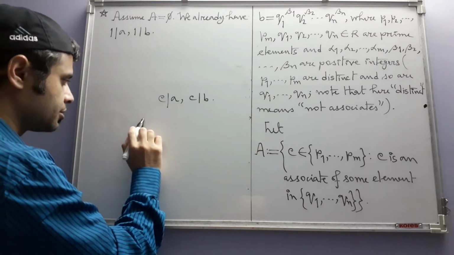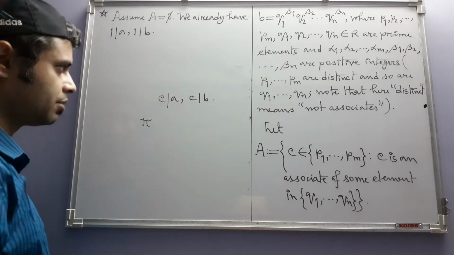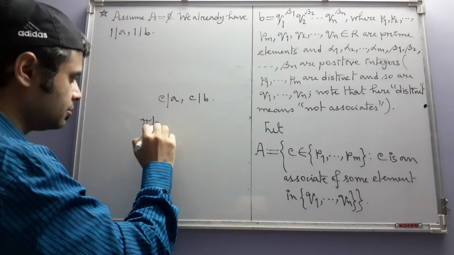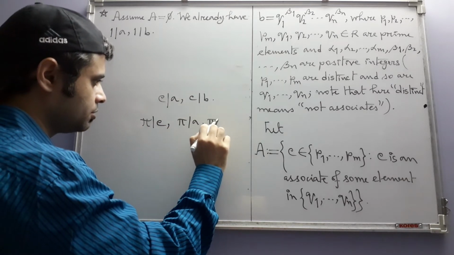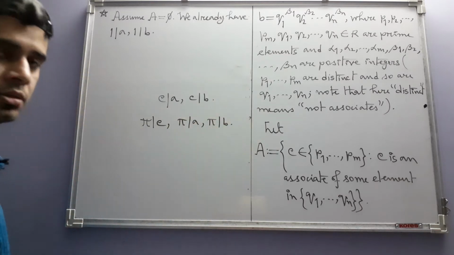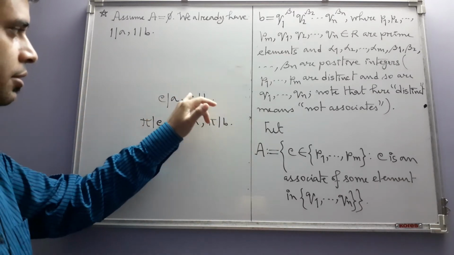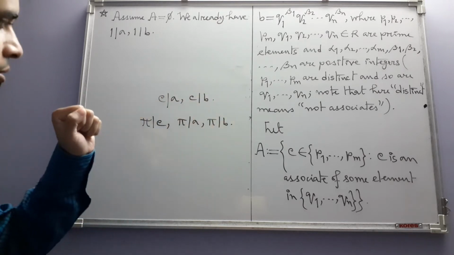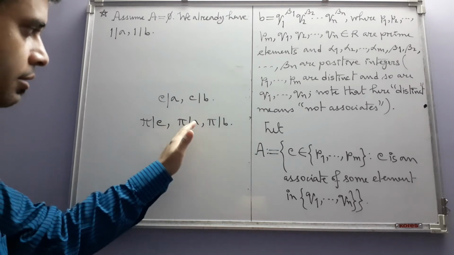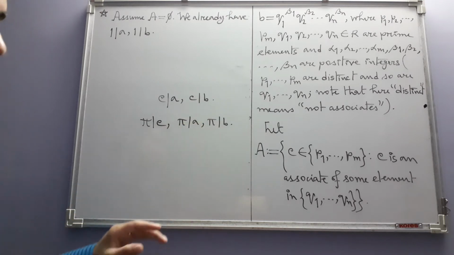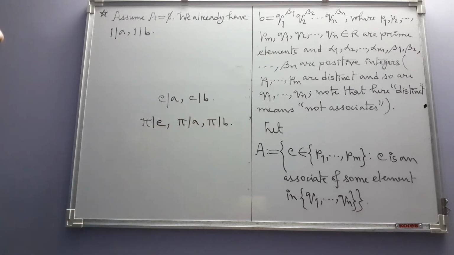In that factorization, there will be a prime element. That prime element will divide c, and hence that prime element will divide both a and b. So if a non-zero non-unit element divides both a and b, then there must be some prime element in the ring that also divides a and b. Now is this possible? That's what we have to see now.